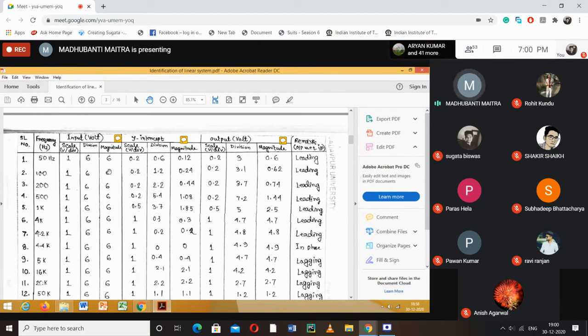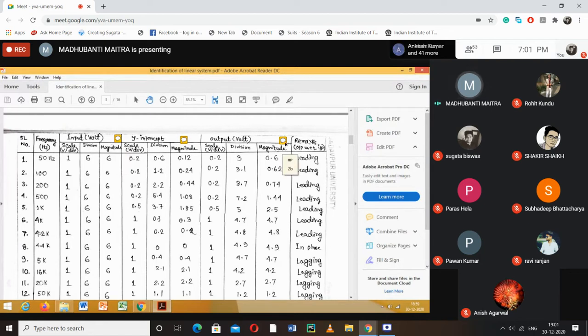You see the amplitude of the input sinusoid is kept constant at 6 volt peak to peak. Generally we call it 2A.